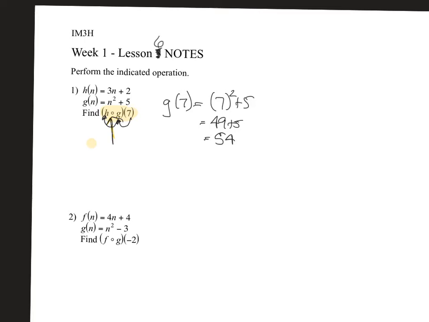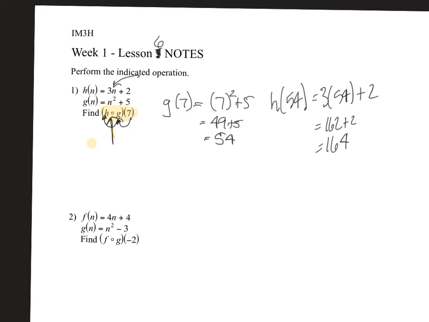So again, 7 goes into g, then whatever answer you get from g goes into h. So I need to put 54 into this h function, which is 3 times 54 plus 2. What is that? 150 and 162 and 2, so it's 164.